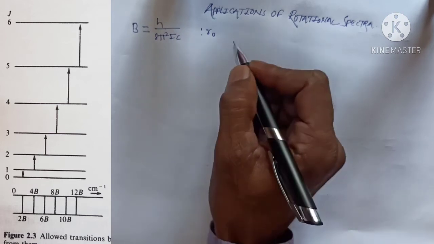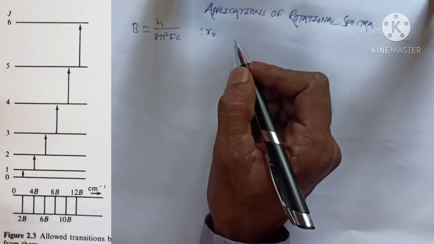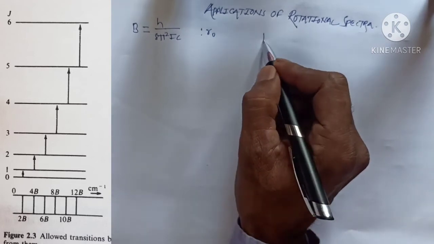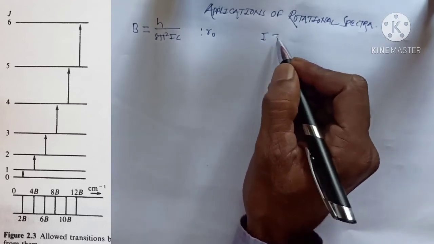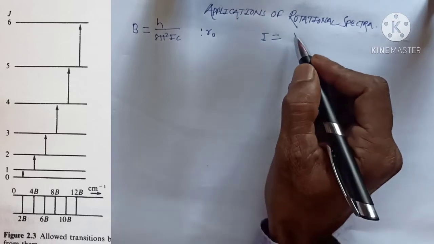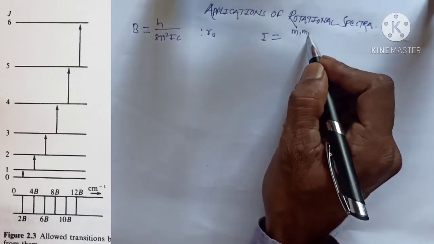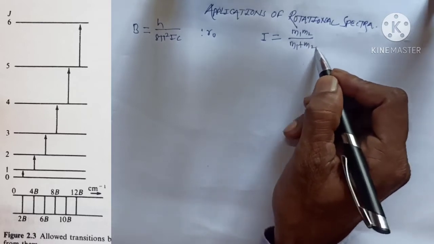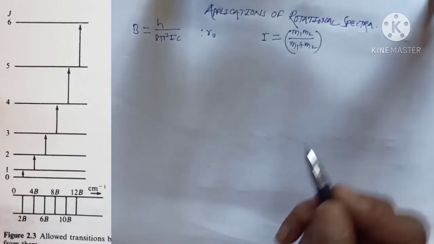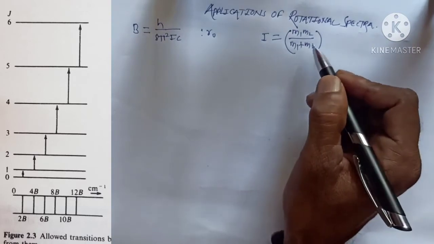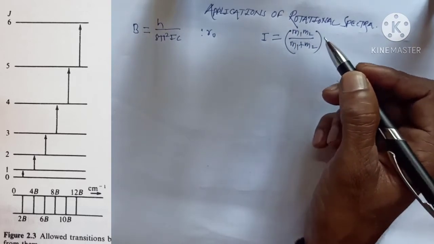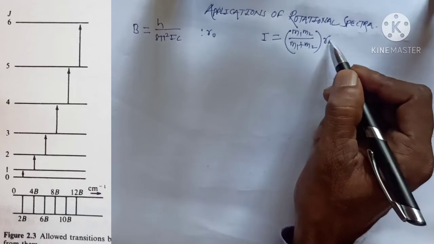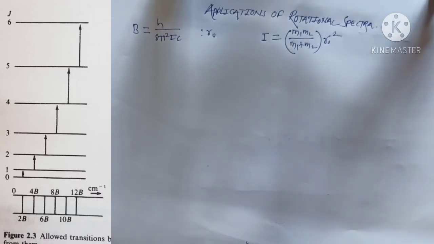And this is determined by using the equation of I. What is the equation? I is equal to m1 m2 divided by m1 plus m2. We have represented this quantity by another letter, mu, and r0 square.